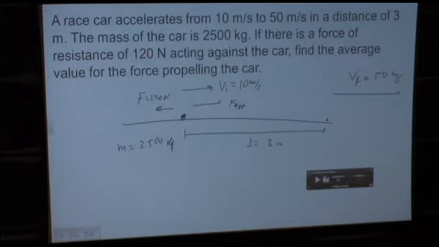And in this situation, well, what can we do? We can start from writing the work-kinetic energy theorem. Final kinetic minus initial kinetic should be equal to the total work.